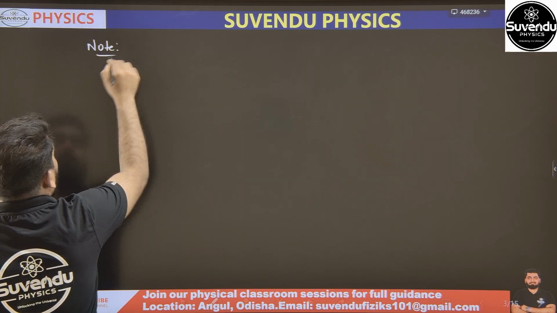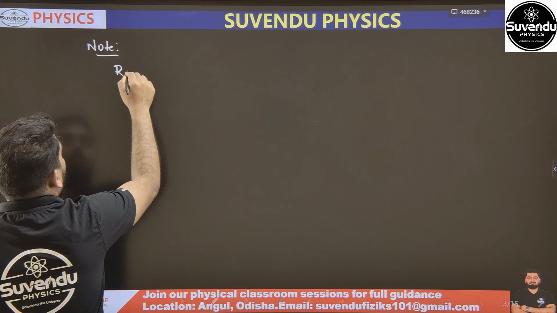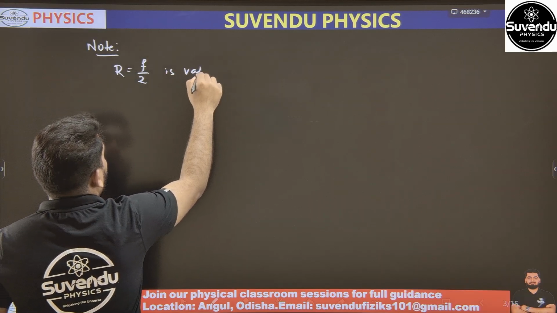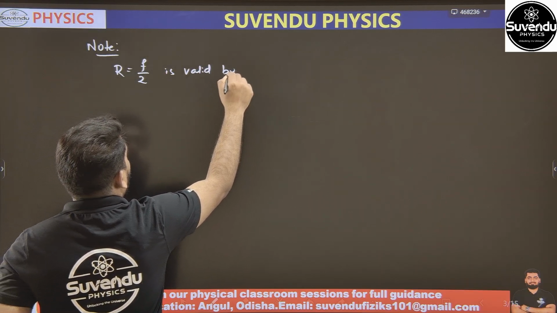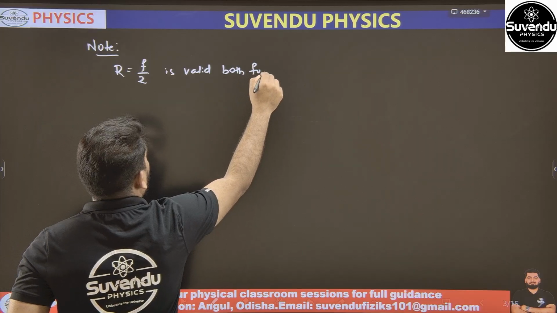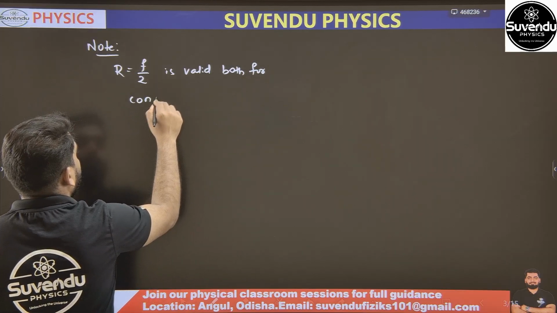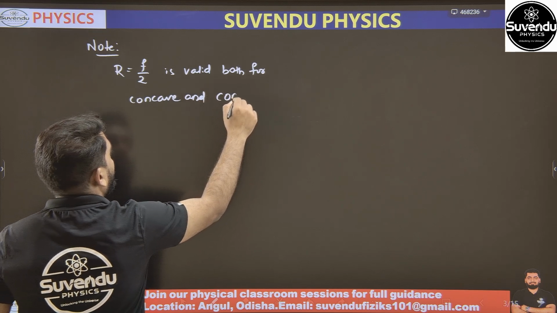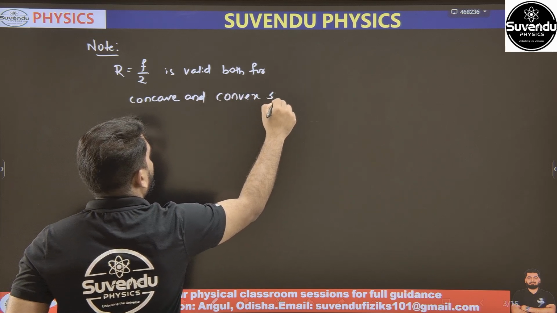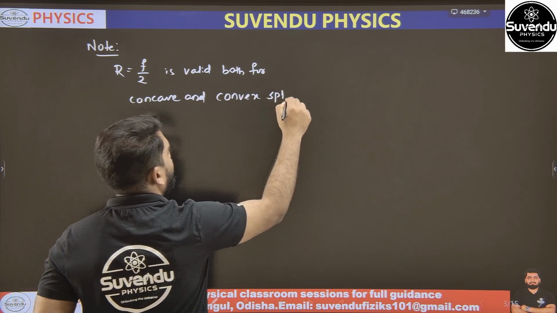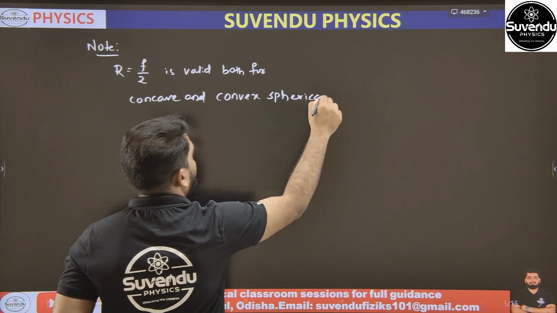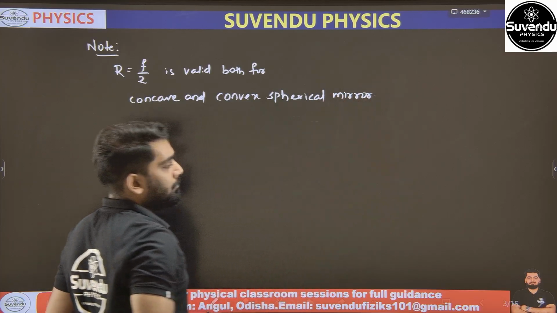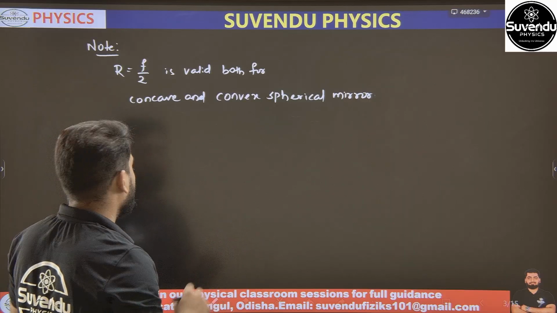In note point you can mention f is equal to r by 2 is valid both for concave and convex spherical mirror. इस चीज को बस नोट करते चलो.